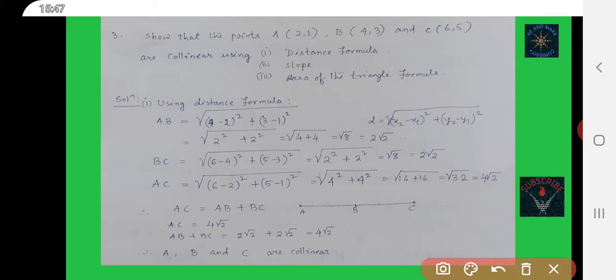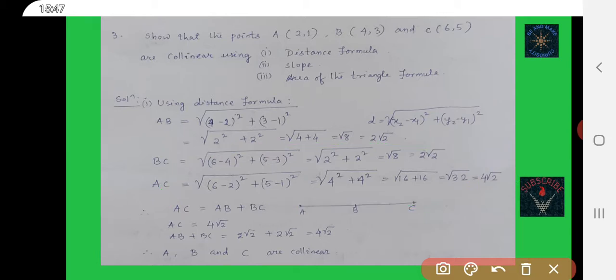Here you add AB plus BC. If AC is equal to AB plus BC, and your greatest value is 4 root 2, then we can say A, B, C are collinear.